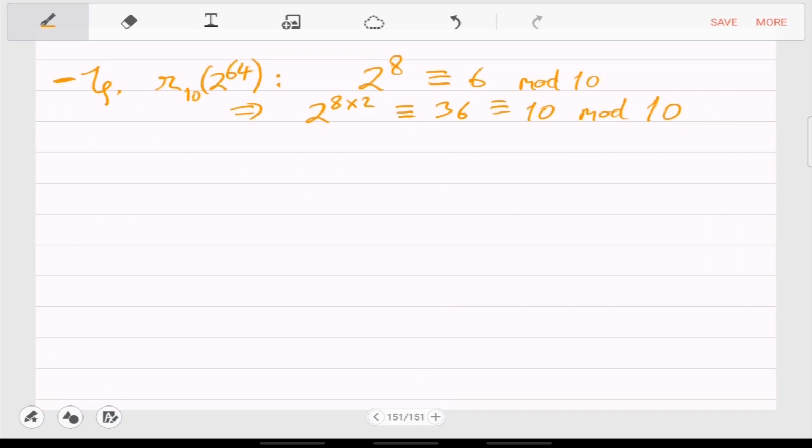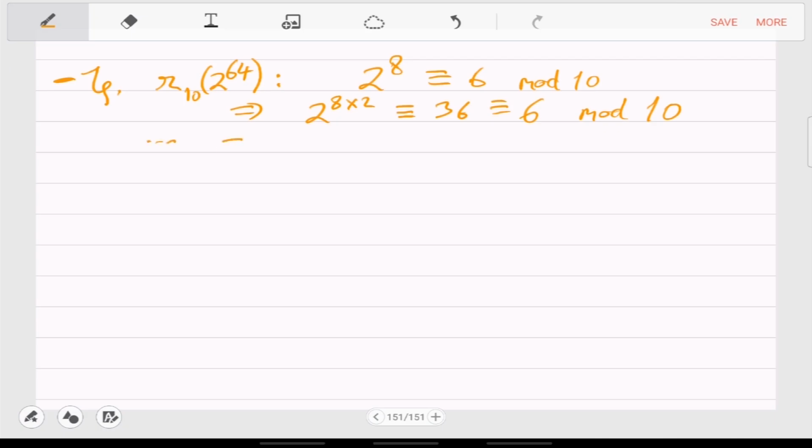2 raised to 8 is the same as 6, and then 2 raised to 8 whole square is the same as 36, which is the same as 6. And so now you can see what is happening.